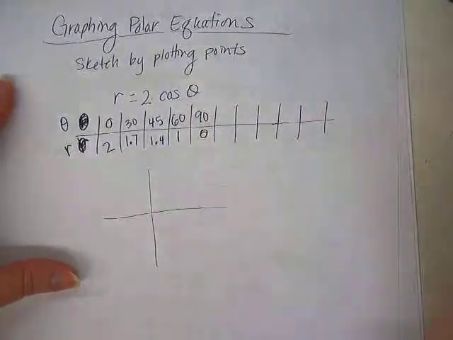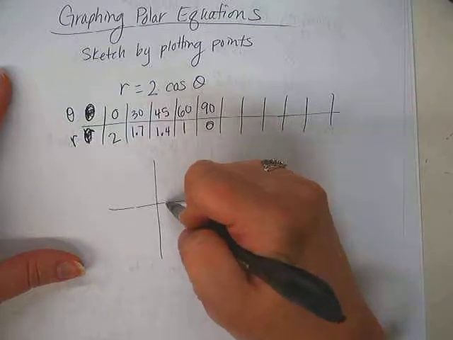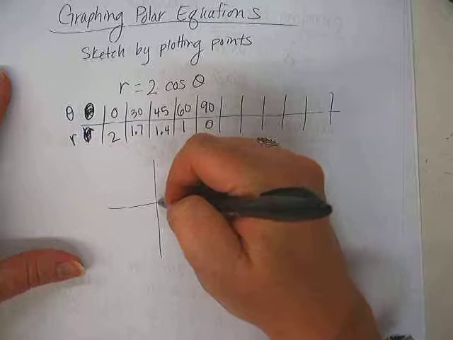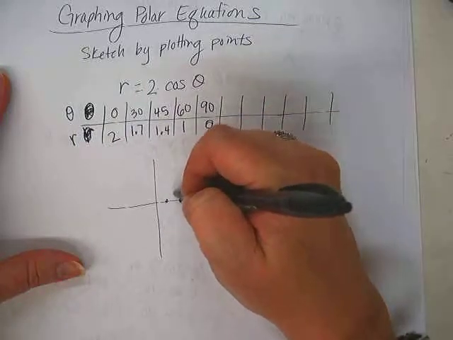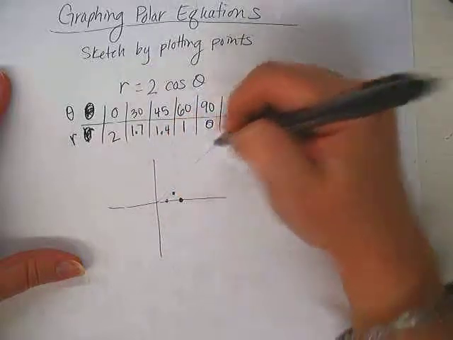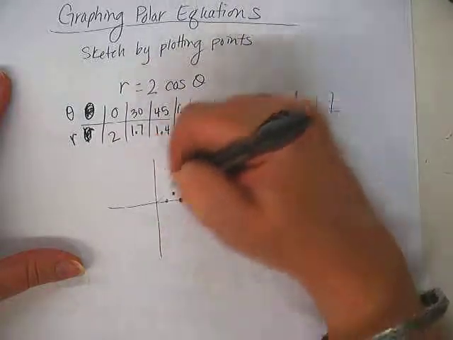Okay, before I start throwing in more points, let's look at what we've got so far. So we want to graph the angle 0 and the point 2. Angle 30, point 1.7. This is where those polar graphs I gave you are really going to come in handy. I should be using one of them.